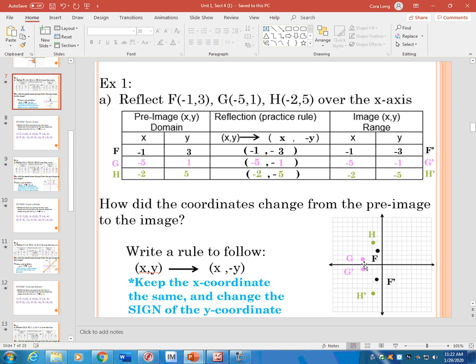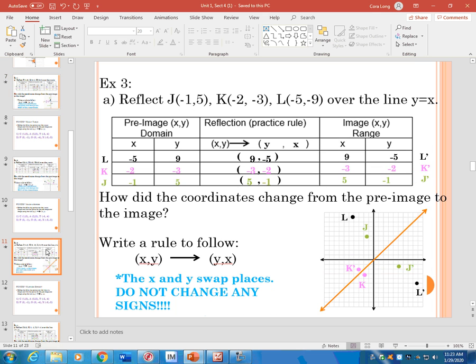So since G is 1 space above the x-axis, when it flips over, it will be 1 below. Since F is 3 spaces above the x-axis, when it flips over, it goes 1, 2, 3 spaces below. So you could also count when you're reflecting over horizontal and vertical lines.